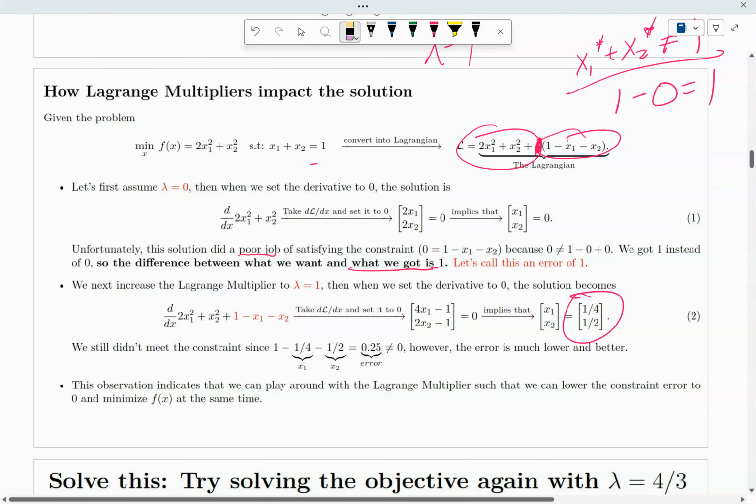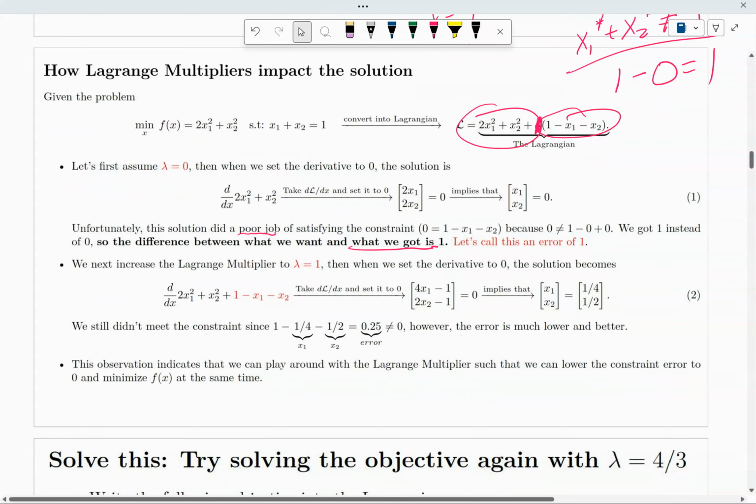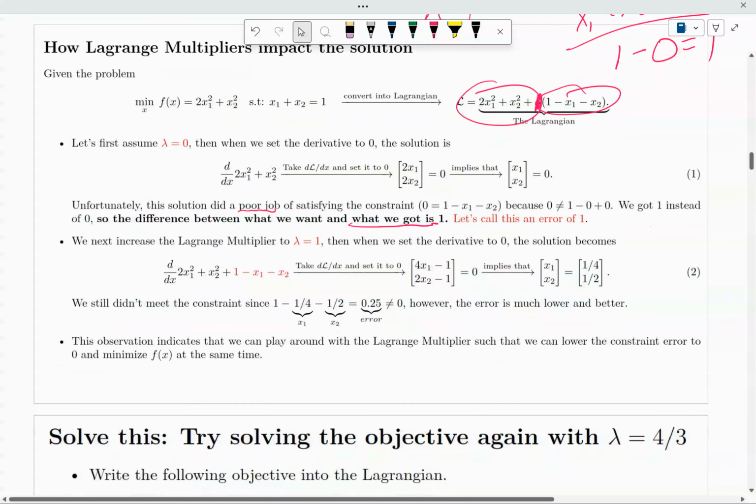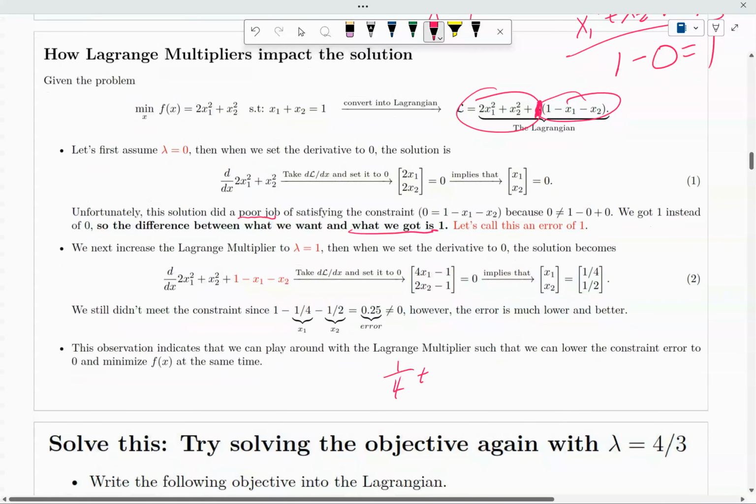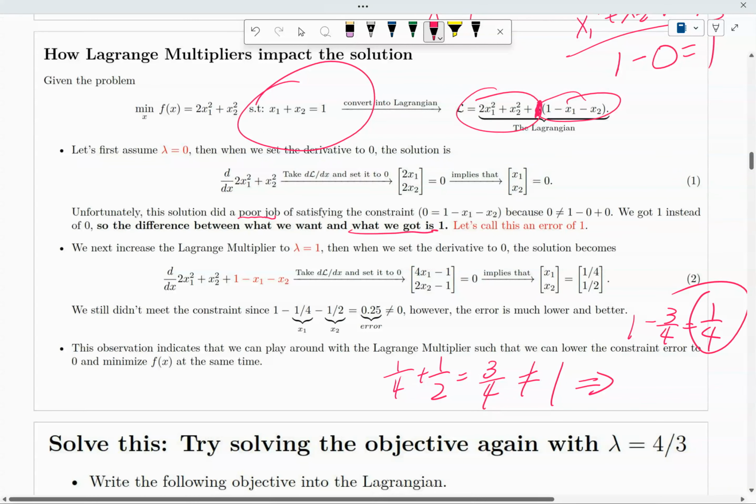And let's see if it does a good job of satisfying the constraint. Well, 1/4 plus 1/2 is equal to 3/4, which once again is not equal to 1, right? We want them to add up to 1. However, the error is much smaller now. Previously, we got a 0, but now we got 3/4. So the difference between 1 and 3/4 is equal to 1/4. So we got a much lower error.